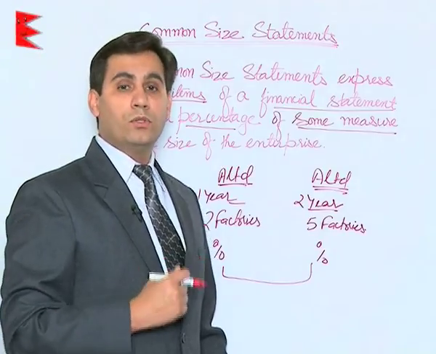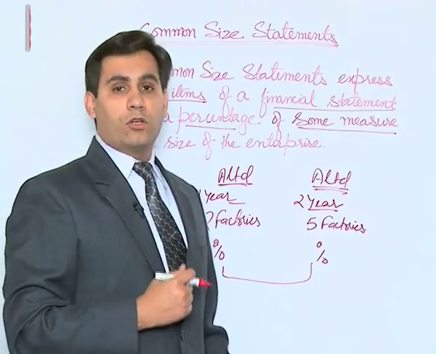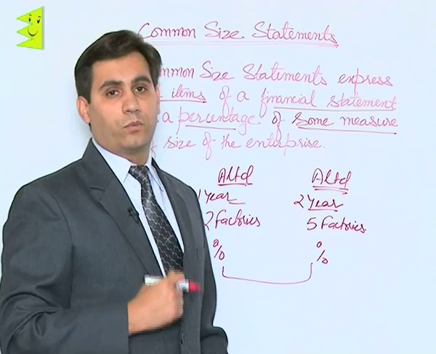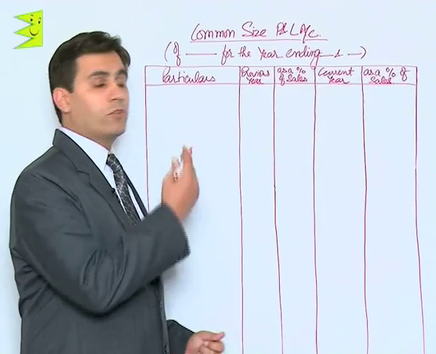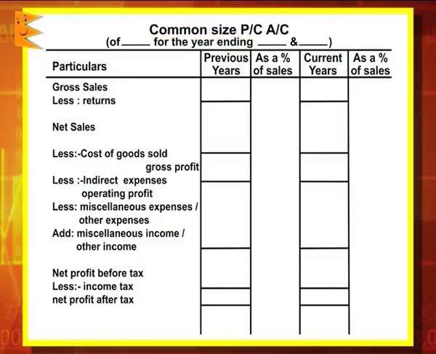Now let us move on to the format of common size income statement or common size profit and loss account. The format appears like this. Common size profit and loss account of the company, for the year ending, for the 2 years that we are trying to compare. Then we have the particulars column, previous year figure, then as a percentage of sales.